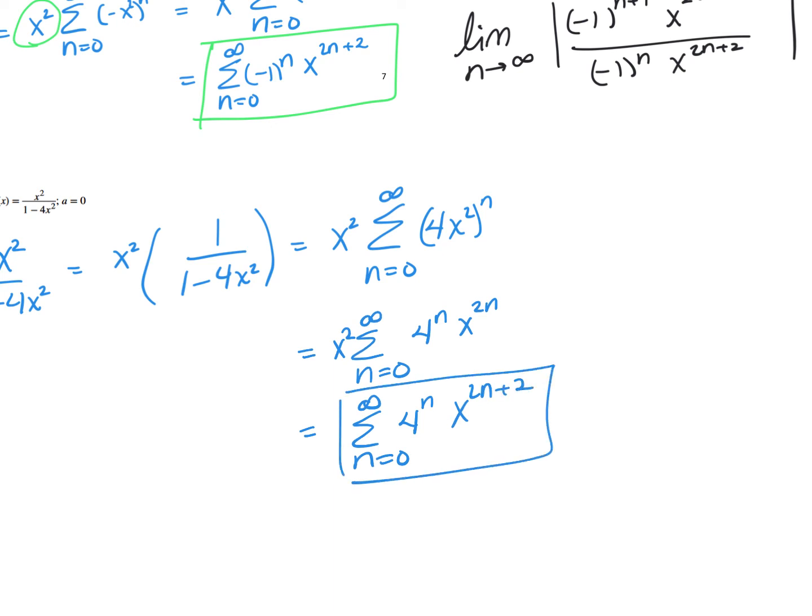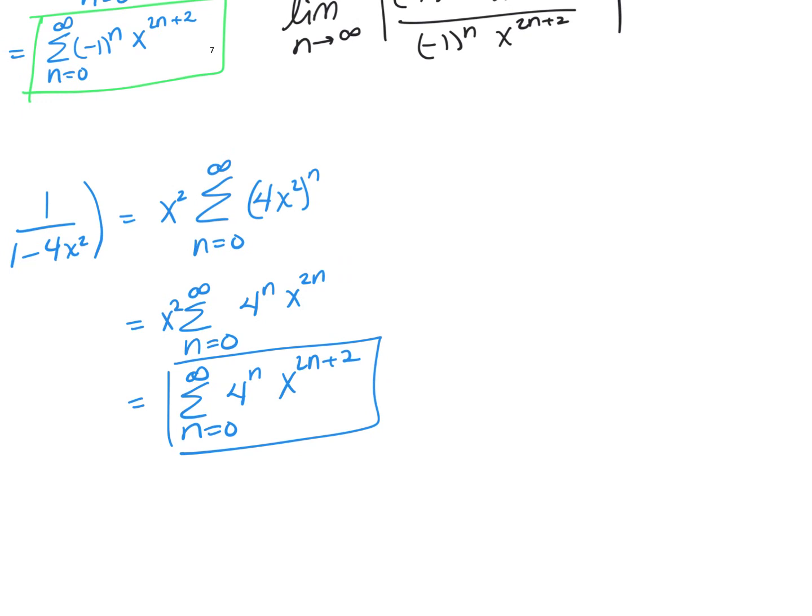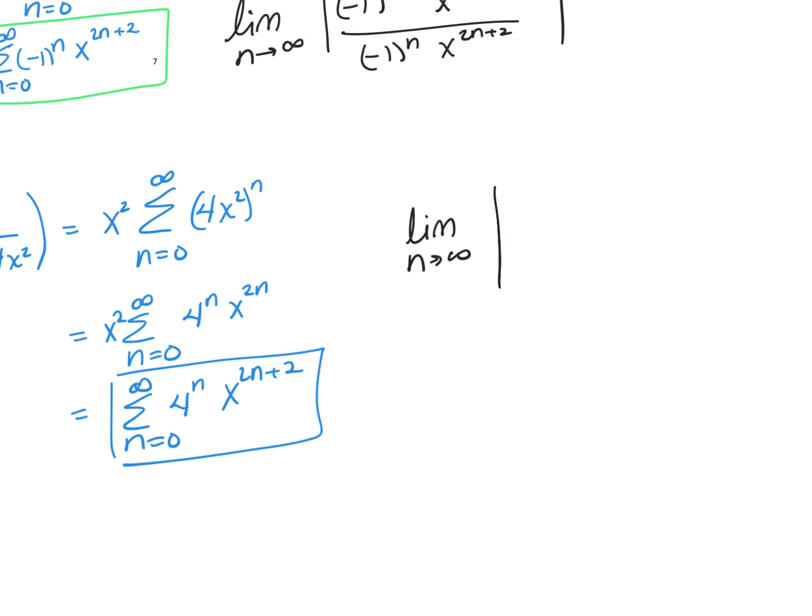So there's my series. And as before, to find my interval of convergence, I would do the limit as n goes to infinity of the absolute value of 4 raised to the n plus 1, x raised to the quantity 2 times n plus 1, plus 2, over 4 to the n, x to the 2n plus 2. And of course, I would go from there. And that's it.